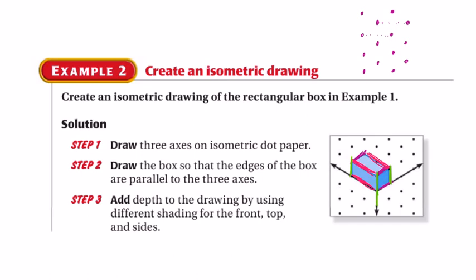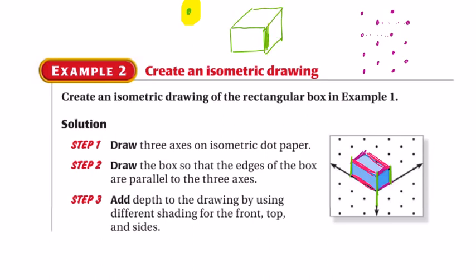Alright, so then add depth to the drawing by using different shading for the front, top, and sides. So just like in a normal drawing of a house or a box or anything, you have a particular light source. We're going to go ahead and call the light source the sun here. Depending where the light hits, it's going to shade the box differently.